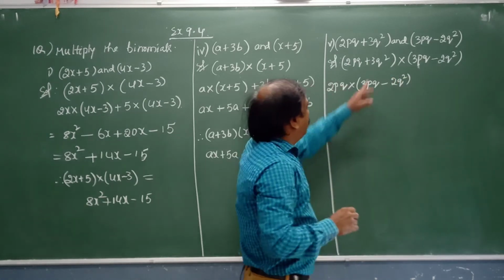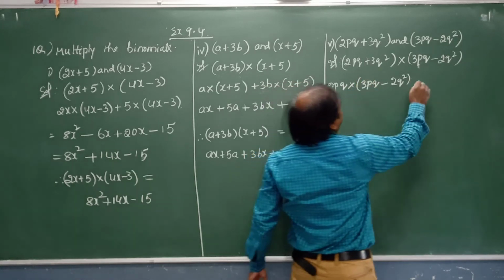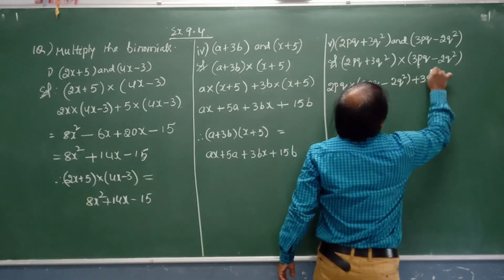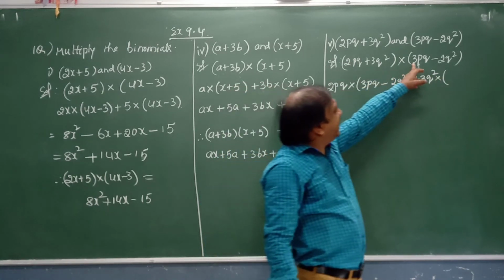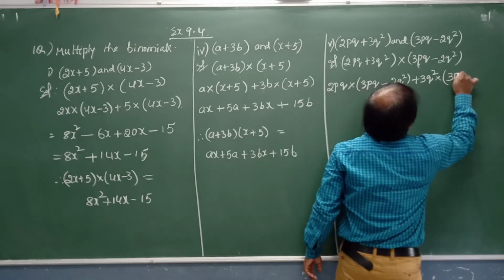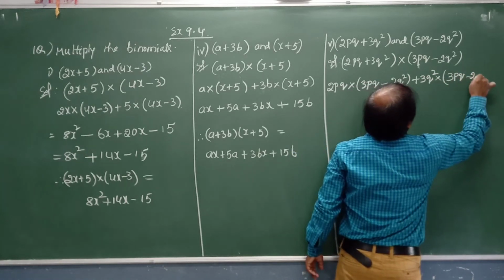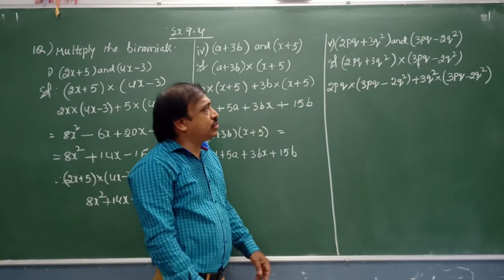Then next term is what? Plus 3q square into 3pq minus 2q square.